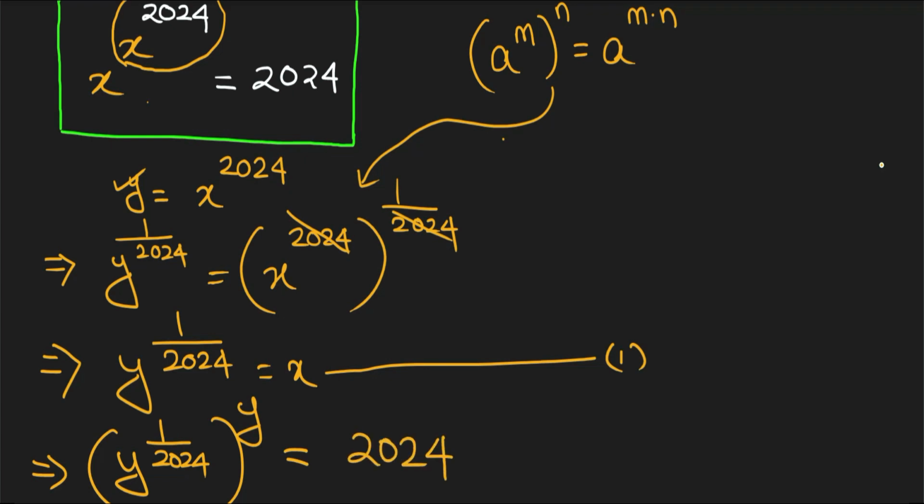As we know, the formula a to the power m whole to the power n is equal to a to the power m into n is equal to a to the power n whole to the power m.